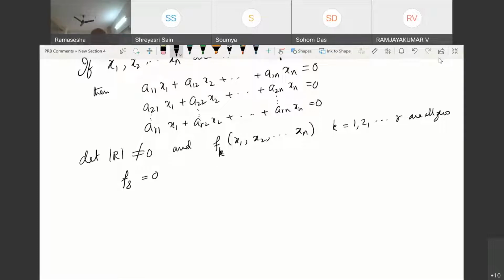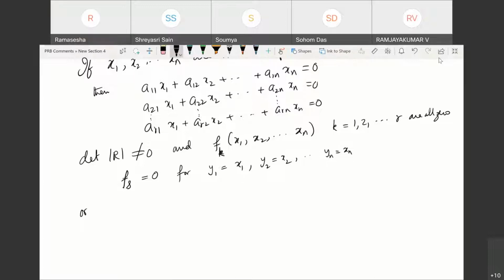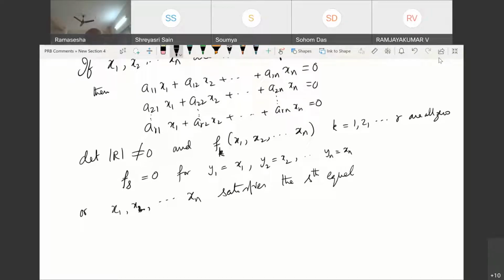For y1 equal to x1, y2 equal to x2, yn equal to xn, the Sth equation is satisfied. These are the first R equations.